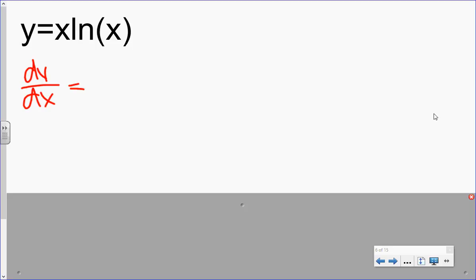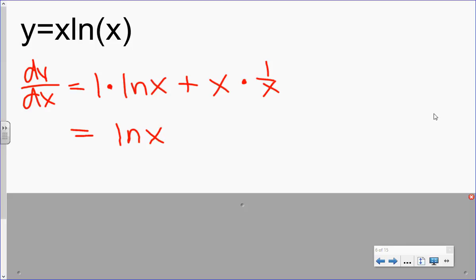What is the derivative of our first function times the second function plus the first function times the derivative of the second? 1 over x. Okay. So our derivative is the natural log of x plus 1.